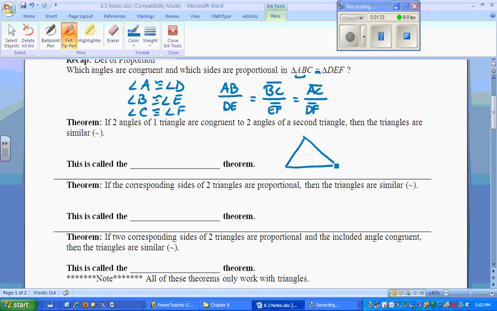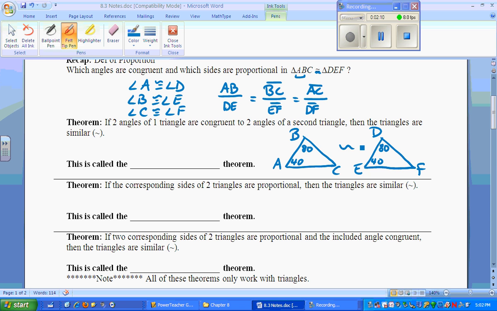If one triangle has a 40 degree angle and an 80 degree angle, and the other triangle has a 40 degree angle and an 80 degree angle, you know these two triangles are going to be similar to each other. Not necessarily congruent, but similar, because one could be smaller than the other, and we've seen that in class.